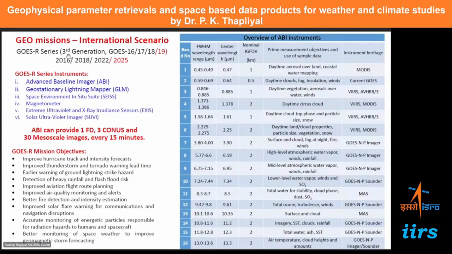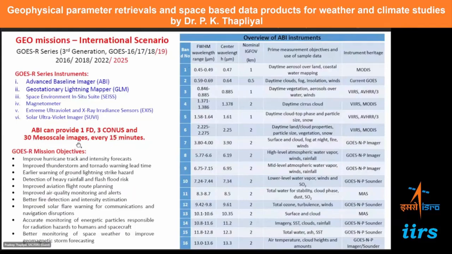Now this GOES advanced imager has 16 channels, and the spatial resolution is about 1 to 2 kilometers. Unlike our imager where we have 6 channels with 4 kilometer resolution and every half an hour temporal revisit, this ABI can give you 1 full disk every 15 minutes, or 3 regional scans every 15 minutes, or even mesoscale imagery.